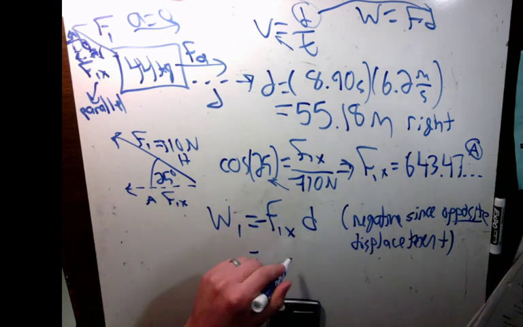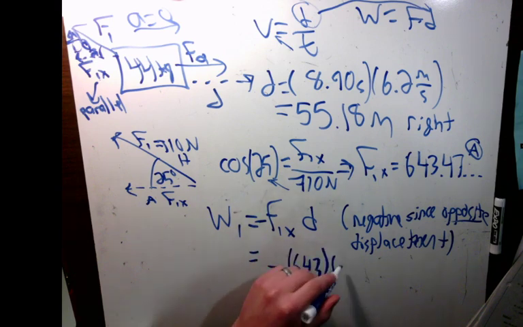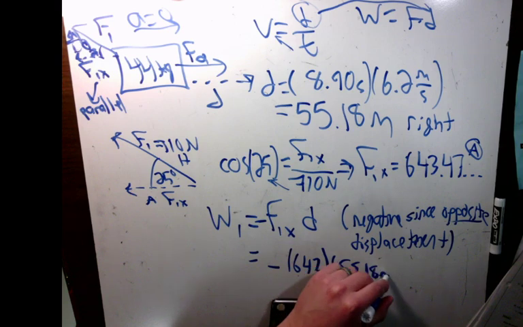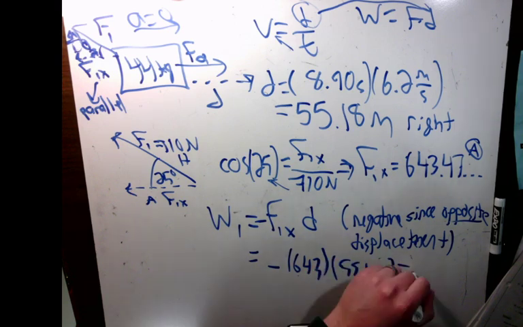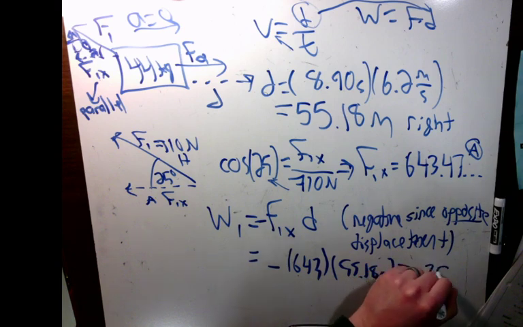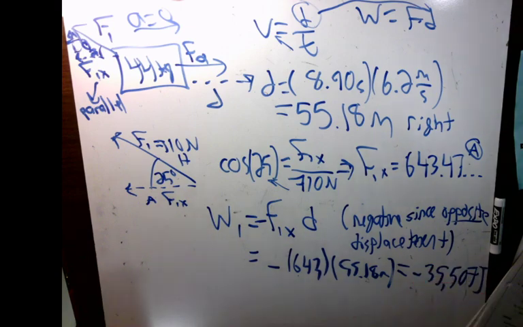Okay, throw in our numbers. We're going to get negative 643 times our 55.18 meters. It'll give us negative 35,507 joules. Very big, very negative.